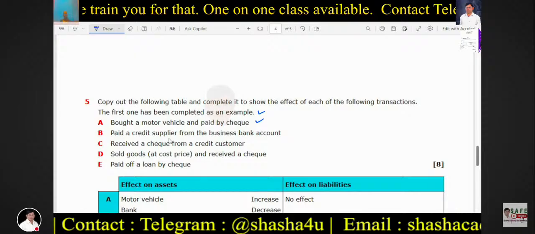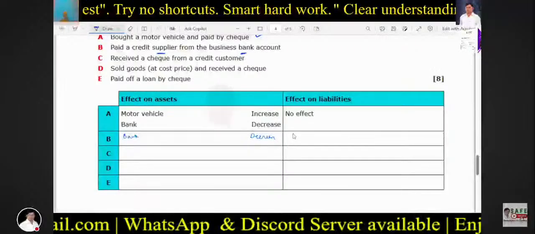Credit supplier is decreasing. So asset is also decreasing, liability is also decreasing.